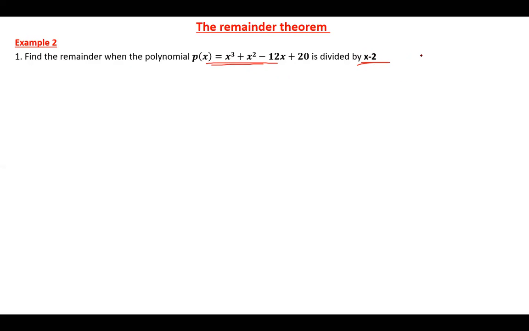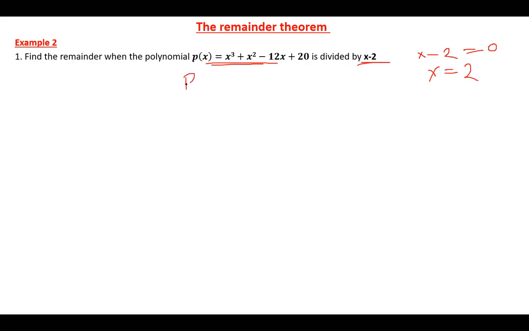So this given expression is x minus 2. You equate this to 0, and then you say x is equal to 2. So meaning, while there is x in this expression, we're going to be replacing it with 2.